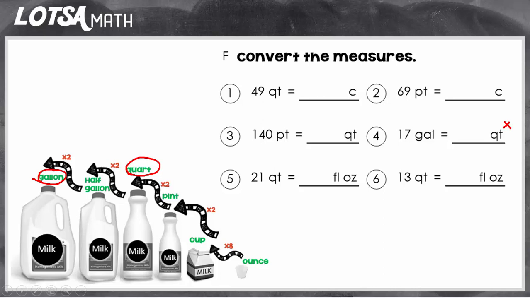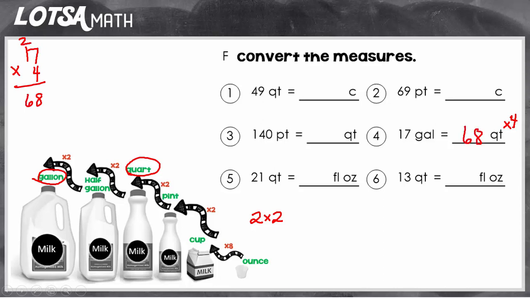So I can see that to get from quarts to half gallons is times 2, and to get from half gallon to another gallon is times 2 again. So if I multiply those together, I have my conversion rate. So my conversion rate is going to be 4. So I need to do 17 times 4. And I get 68 for my answer.